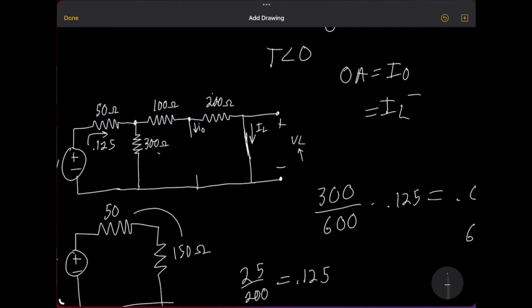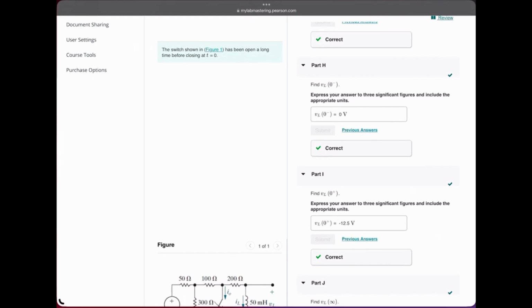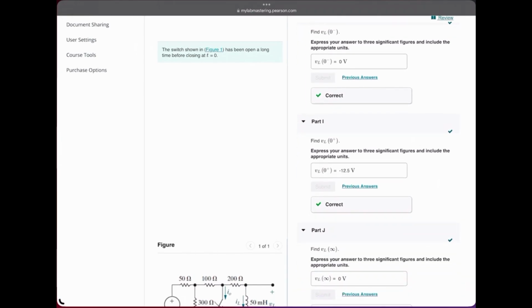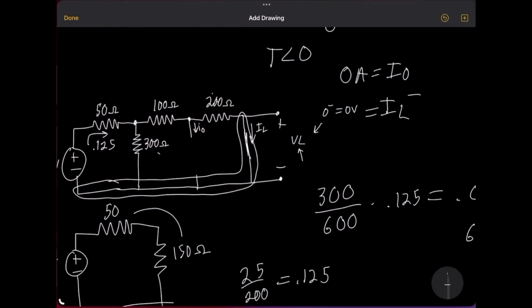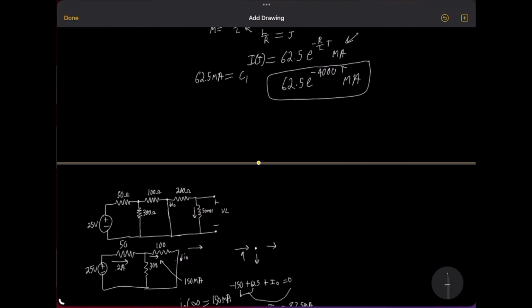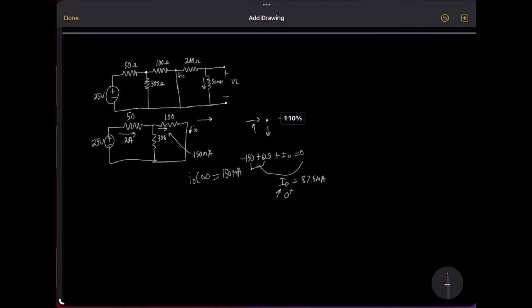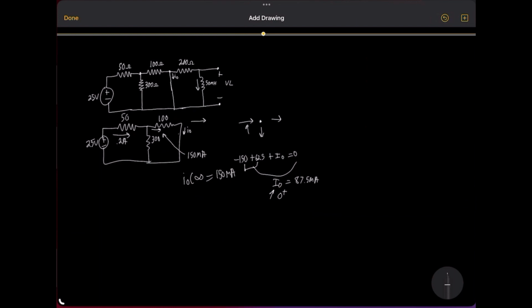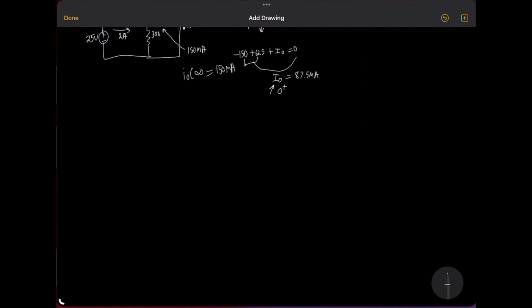Well, this is all ground, so we know that the voltage is 0. That's why the 0 minus is equal to 0 volts for that inductor. And then we'll see that it immediately jumps to a negative 12.5. And let's figure that out here. Let's define the voltage to the right of 0 for the inductor. So let's move right here.